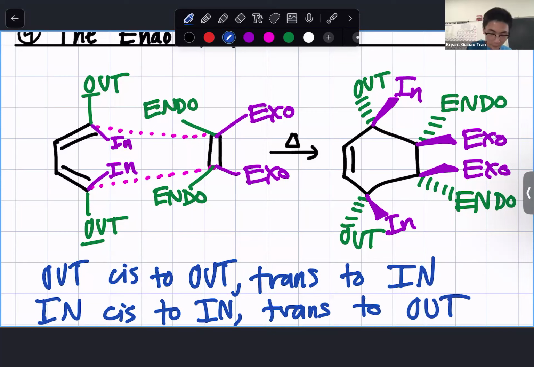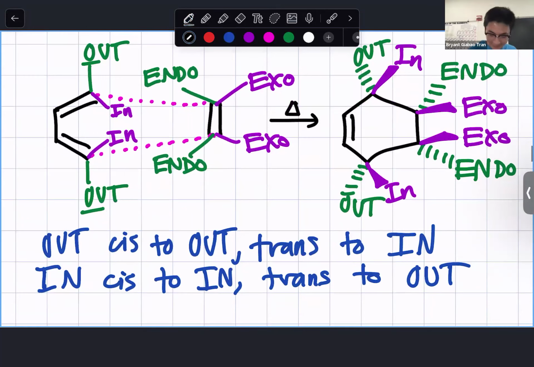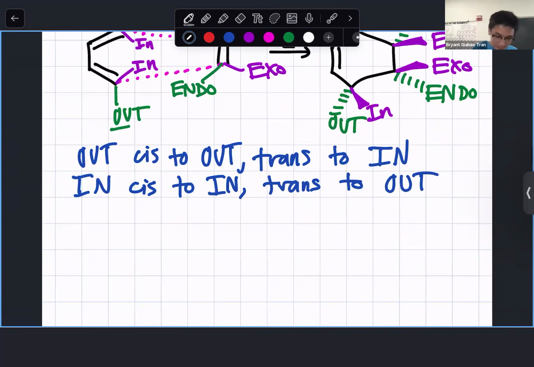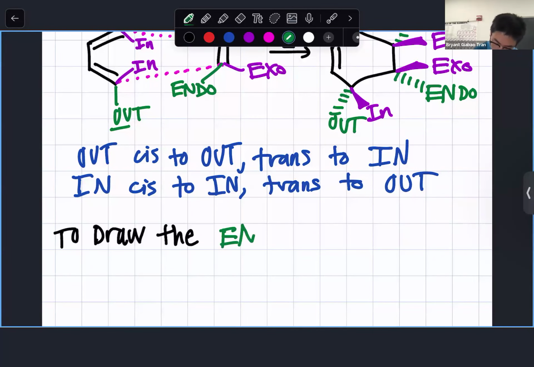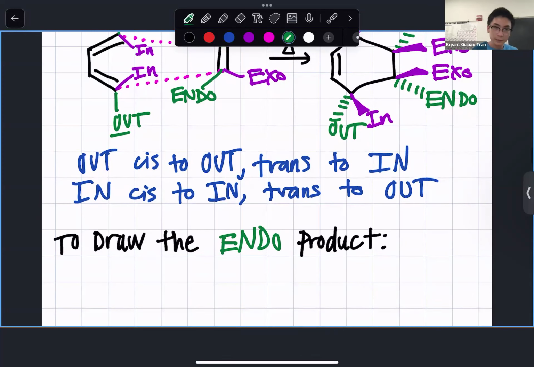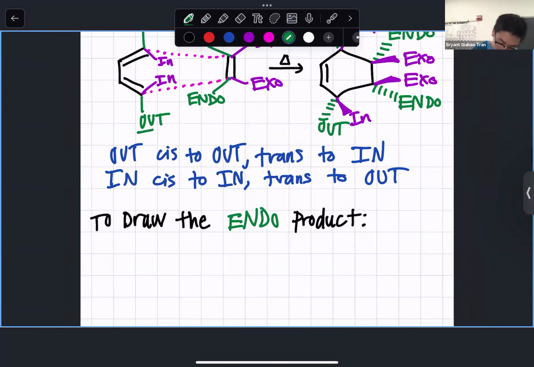Okay, so one more note, and then let's do a lot of practice problems on this to make it more clear and concrete. Right, because right now it's so abstract, like every out endo group. To draw the endo product, right? Think of this mnemonic or acronym, OCT-I. Right?